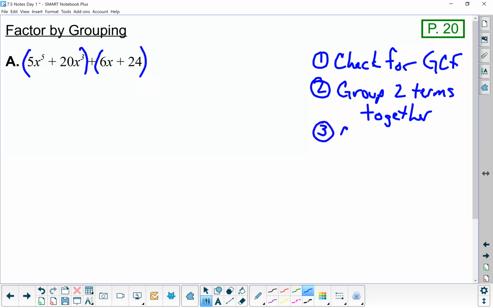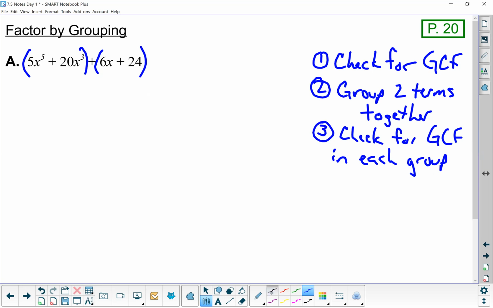Then we're going to check for a greatest common factor in each group. So in our first group, 5x to the 5th plus 20x to the 3rd, which I think I have a typo there.